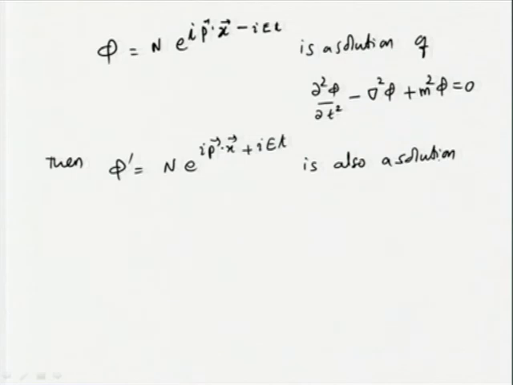So essentially, when you put both of these back in the Klein-Gordon equation, both will give you E squared phi minus P squared phi, sorry, there is already a minus sign there, so this is minus, this is plus, m squared phi equal to 0.